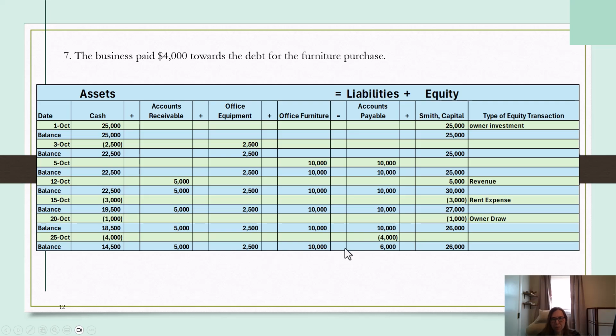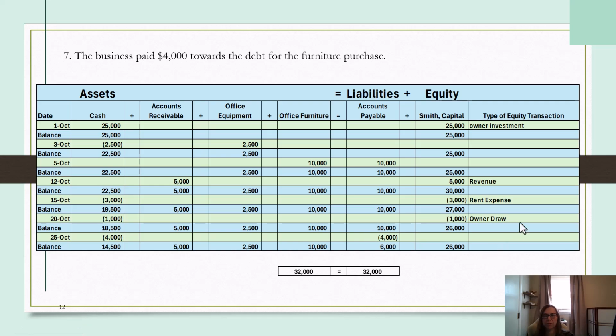And then what you would do is look at the numbers on the right side of the equation. 6,000 plus 26,000 equals 32,000. And then you would add up these numbers on the left side. 14,500 plus 5,000 plus 2,500 plus 10,000. And those should equal 32,000 as well.